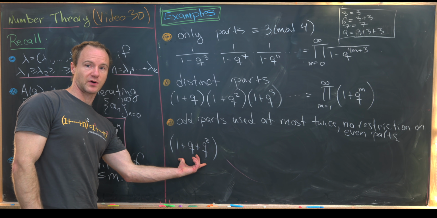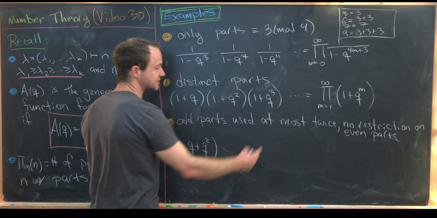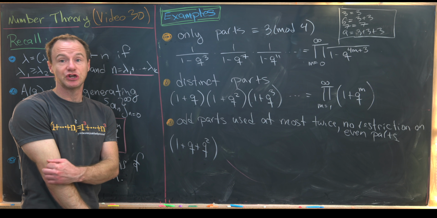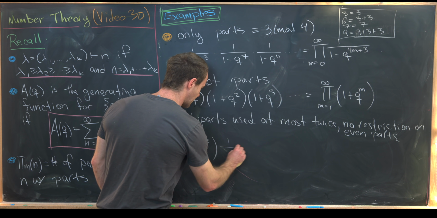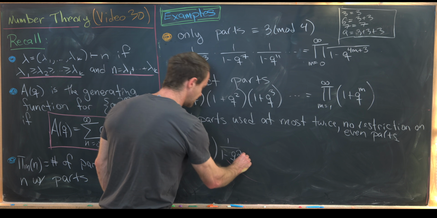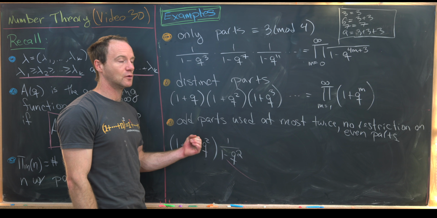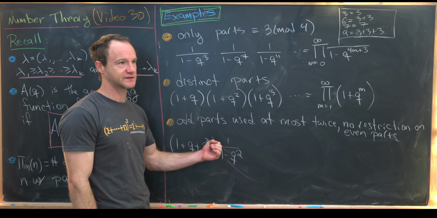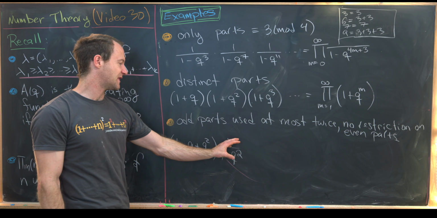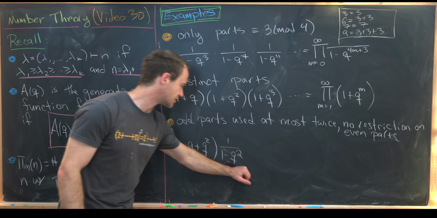So these are our parts equal to 1. No restriction on even parts, which means we can use 2 as many times as we want. So that'll be 1 over 1 minus q squared, because really we would have the power series 1 plus q squared plus q to the 4th plus q to the 6th forever, but that sums to the following rational function.